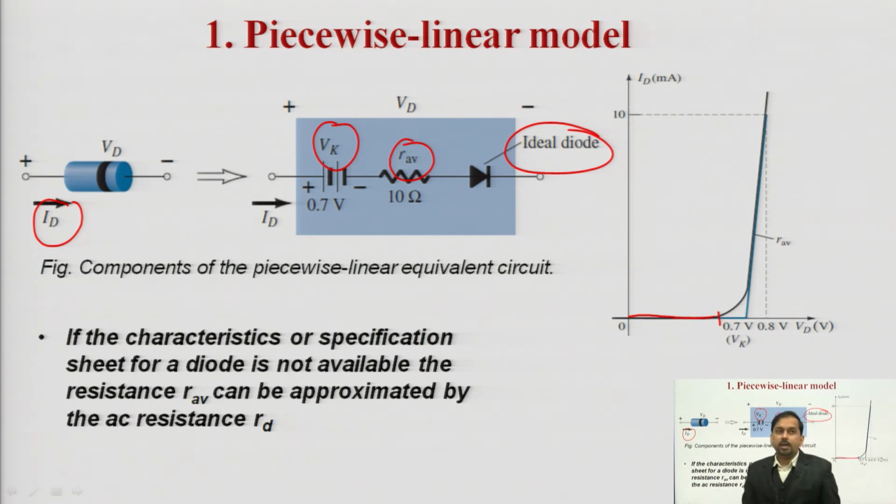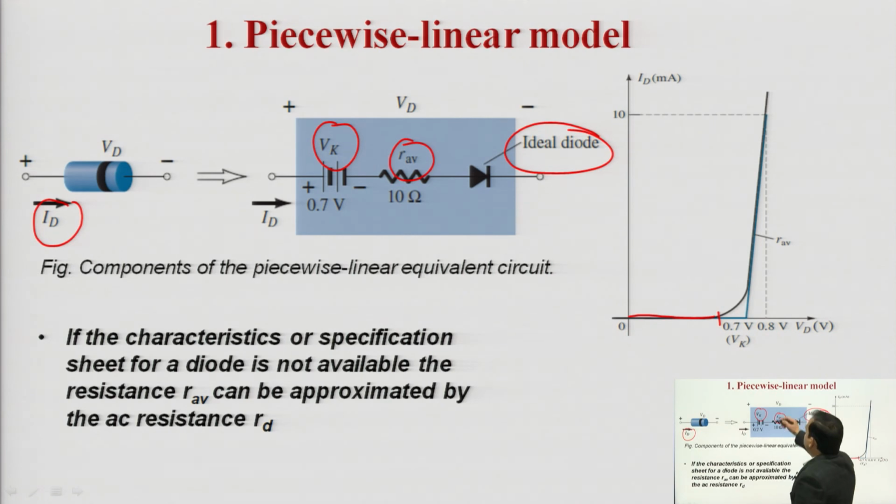The current ID in the diode increases when the applied input voltage is greater than Vk, the cut-in voltage. So we can assume there is an equivalent battery which opposes the applied voltage up to 0.7 V, the cut-in voltage for silicon.